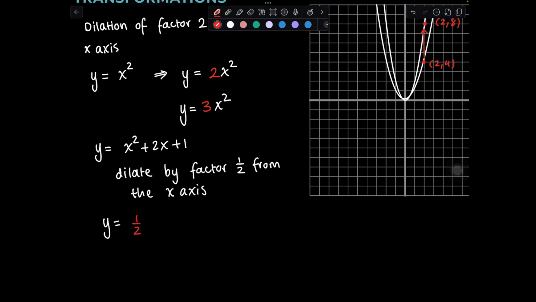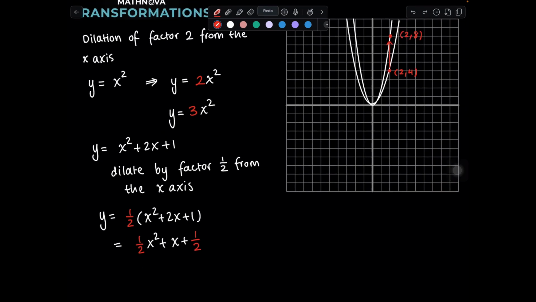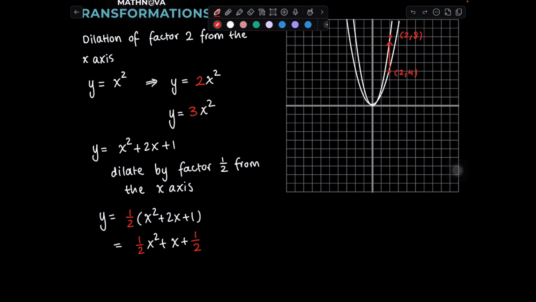You'll just put a half in front, and that's it. You can expand this. You can definitely expand this. I hope you can see how once you've expanded it, you get this half that's been distributed to every single number in that equation. Okay, so that's all you do. Multiply every single number in that equation by the dilation factor that you want.